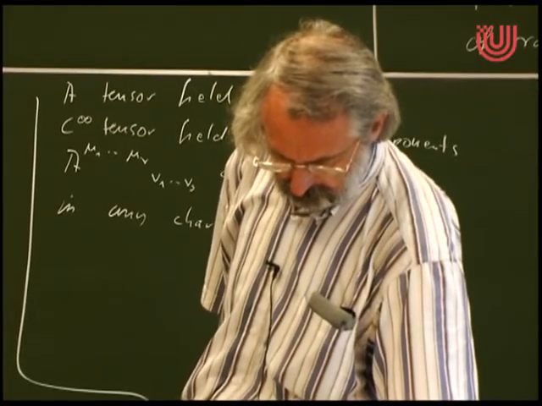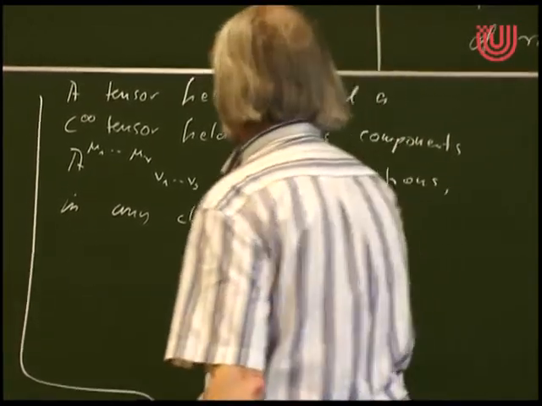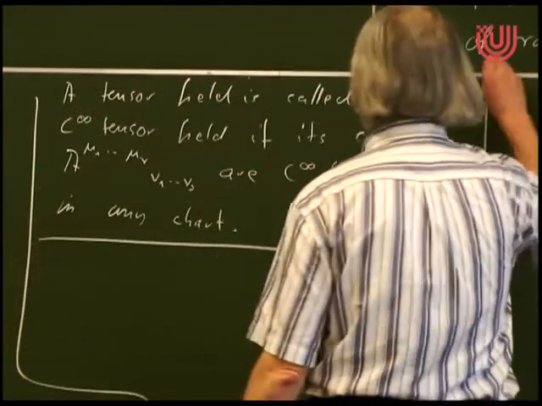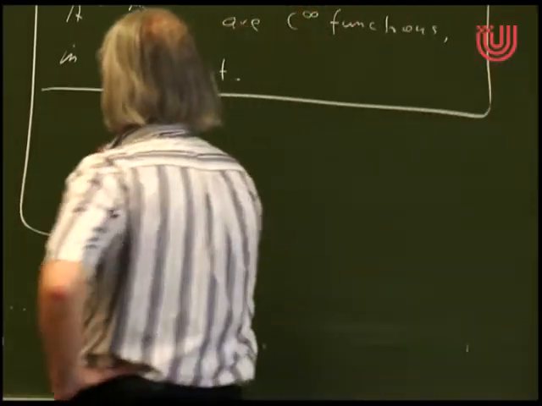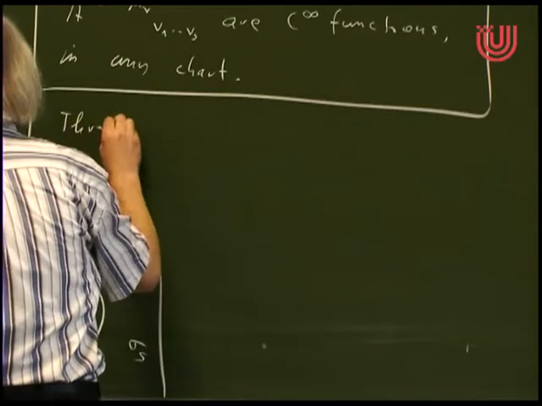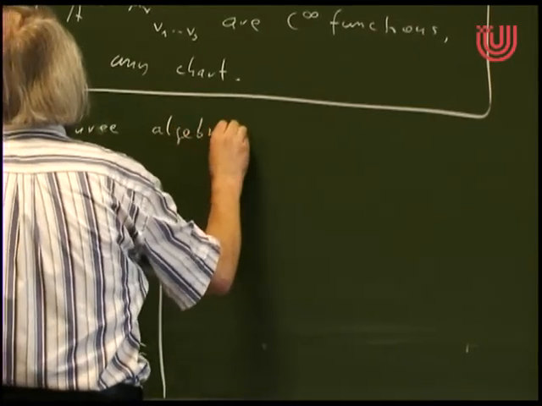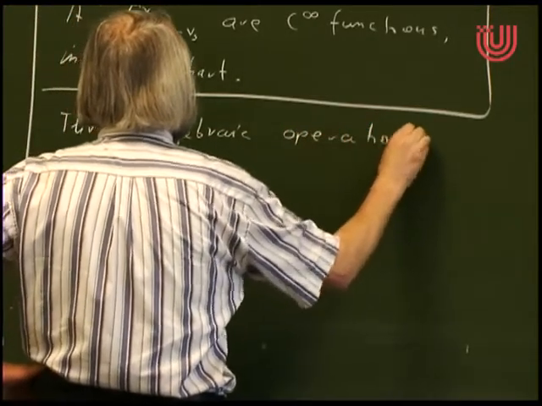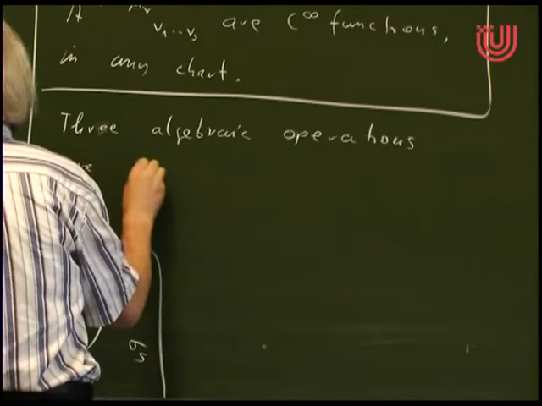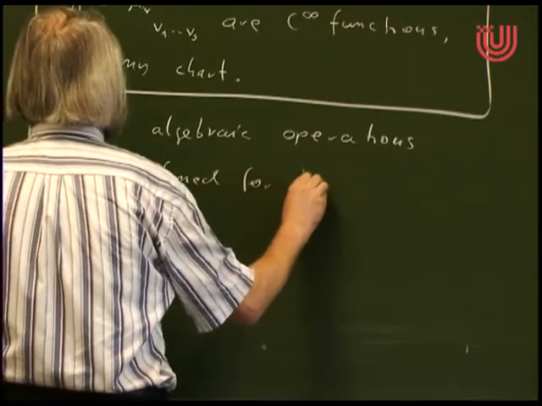What sort of algebraic operations can we do with tensor fields? I said I will cut this short. I will not talk too long about this. So three algebraic operations are defined for tensor fields.